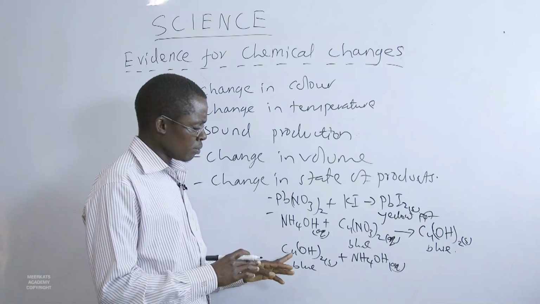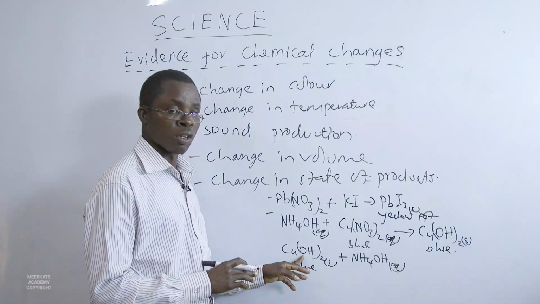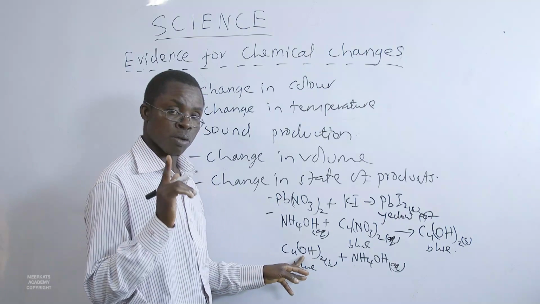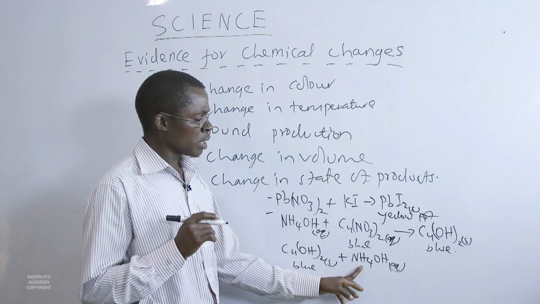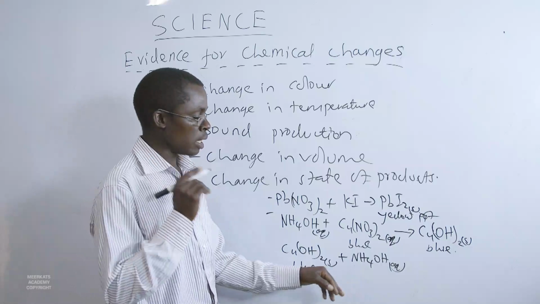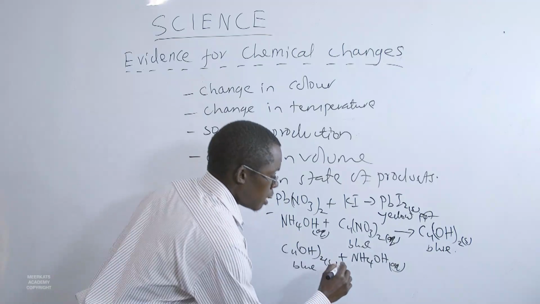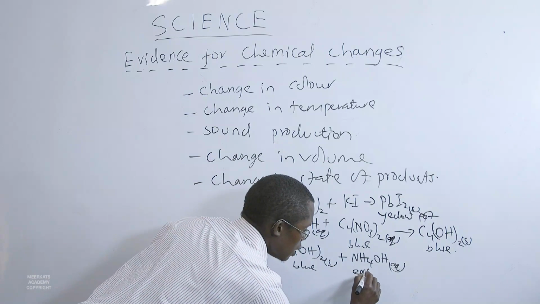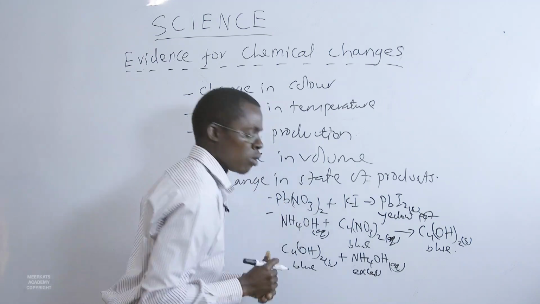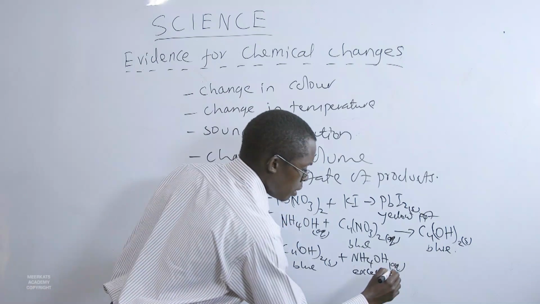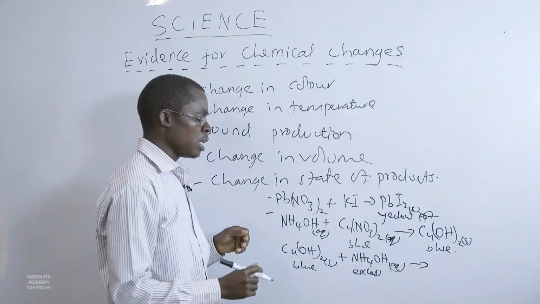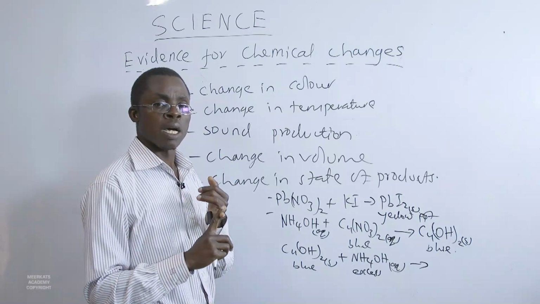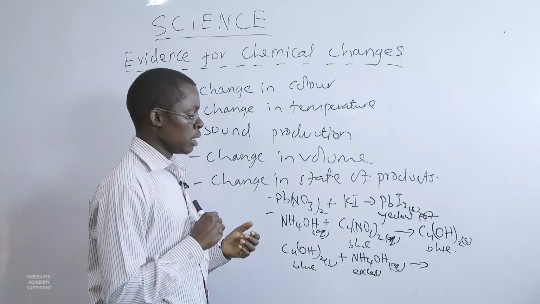So this one is a solid, blue. This one is a solution, colorless. But this one is being used in excess, a lot of it. What you will see is a change in 1, color, and 2, state.